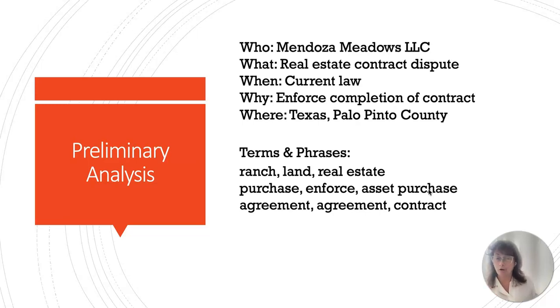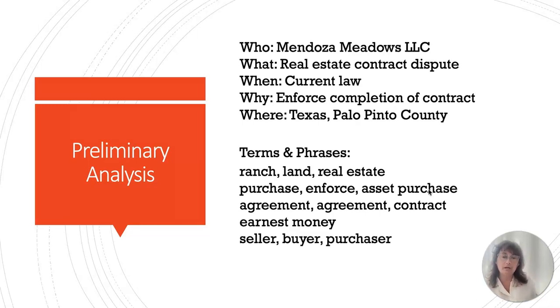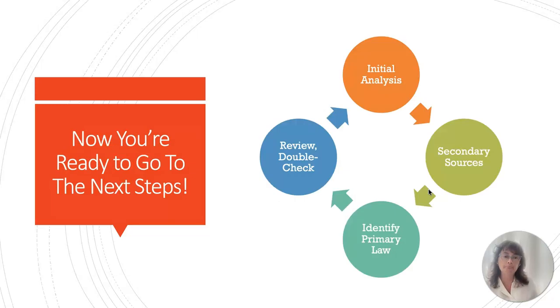Maybe there are terms of art that are used specifically in real estate law, etc. So as you find these things, add them to your list of terms and phrases. And then seller, buyer, purchaser, terms that describe the parties are also really important to note.